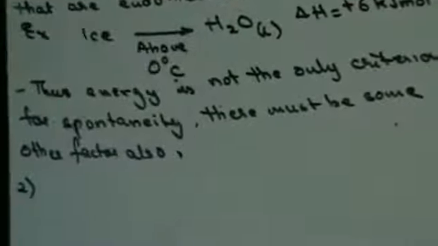Now let's try to learn a new concept. We have seen enthalpy. Let's try to understand entropy. What do we understand by entropy? The spontaneity of a process is determined by some thermodynamic property.